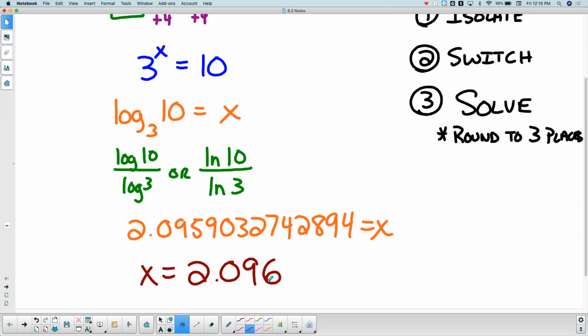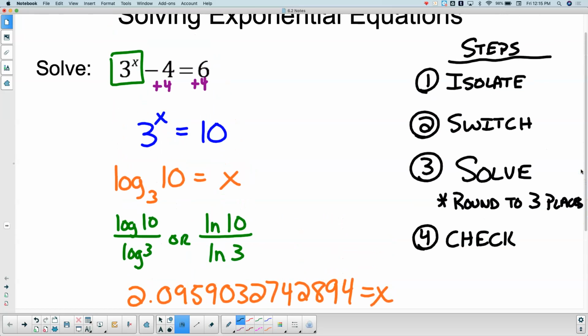Now, how do we check that? Because that's step number 4. We have to do this check. I say 3 to that power, and then I'm going to hit equals, and then I'm going to subtract 4, and I get 6.